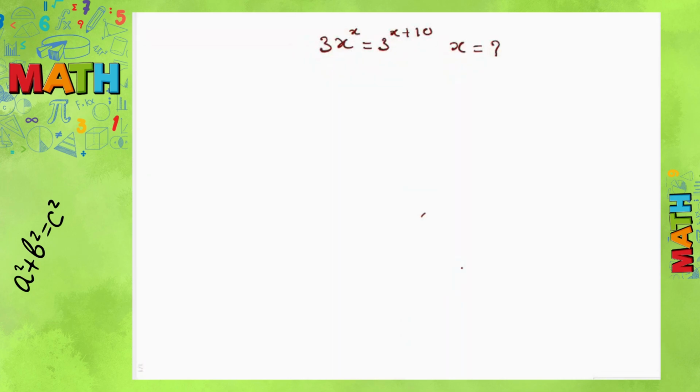Olympiad question. So how to go about this? We can write x^x is equal to 3x^(10/3), right? So this 3 will come down.